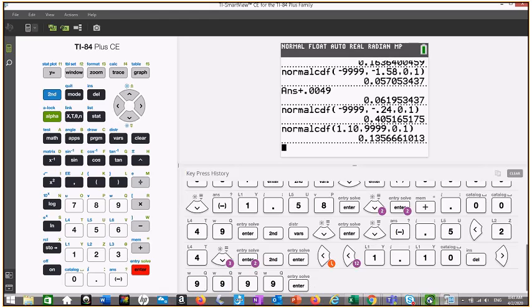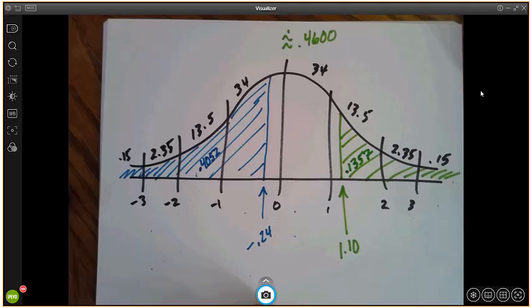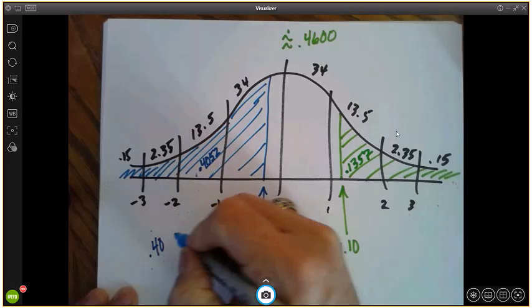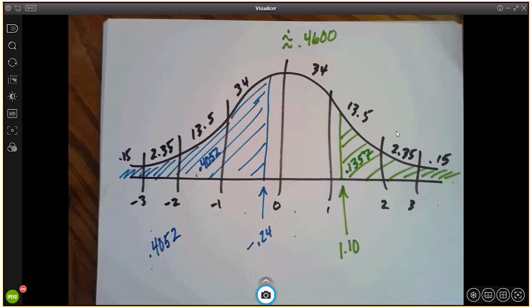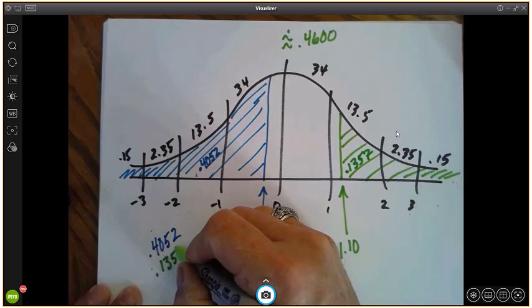Now, let's add those two together. So 0.4052 plus 0.1357. Yeah, I was way off.